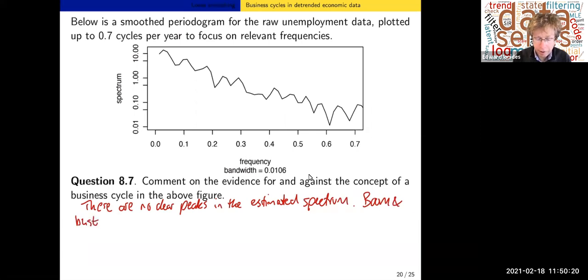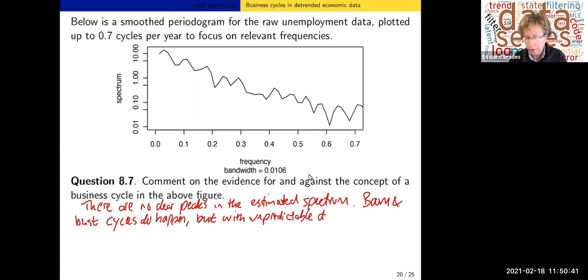I'm not saying that boom and bust cycles don't happen. Boom and bust cycles do happen, but obviously they have unpredictable duration. In physics, you would call this a resonant frequency.